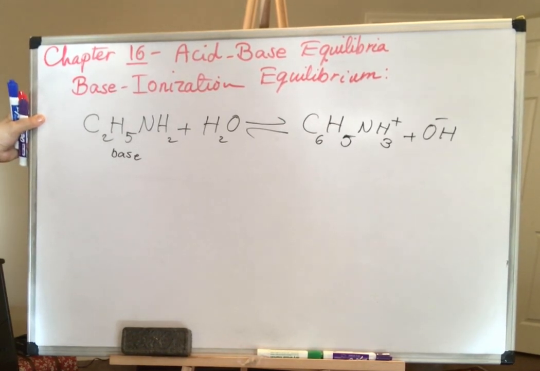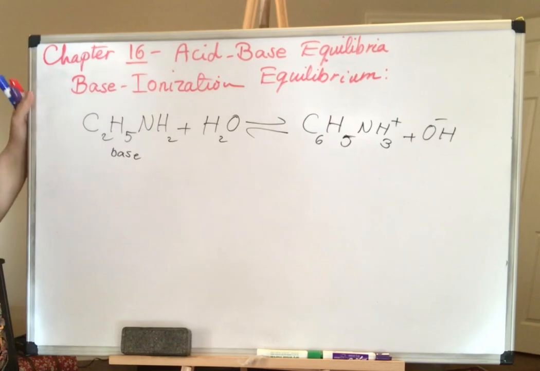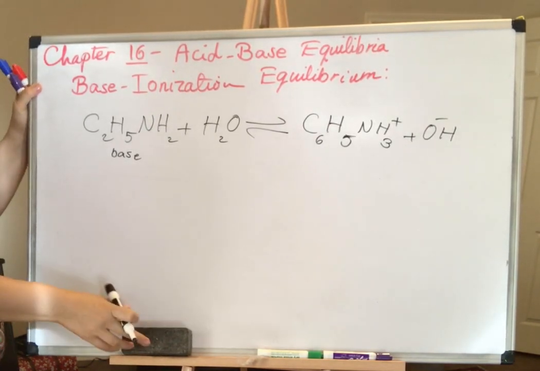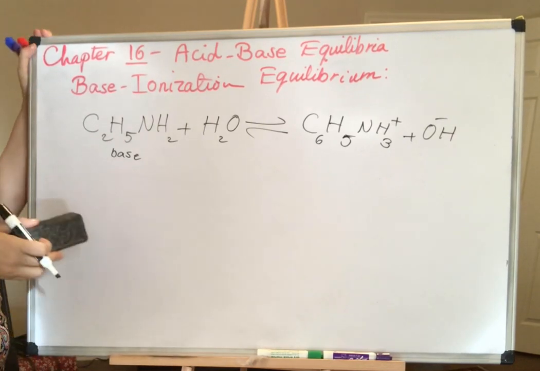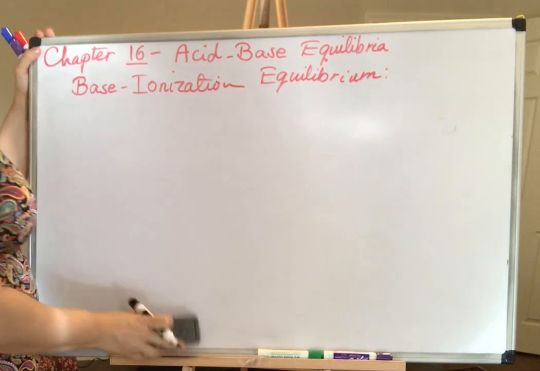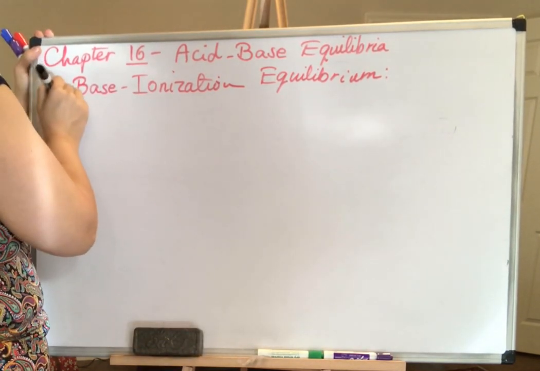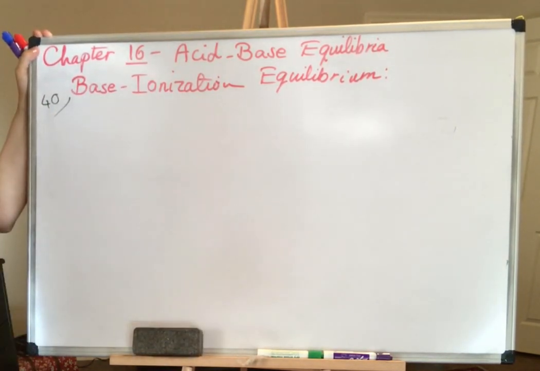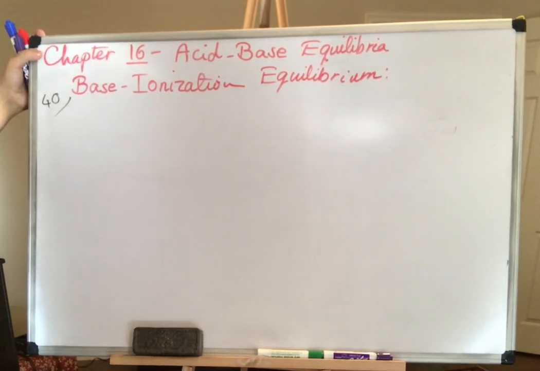Now we have different parameters for our calculations: Kb, pH, pOH. So let's start working on one of them on slide number 40. What does it say? It says aniline, C6H5NH2.